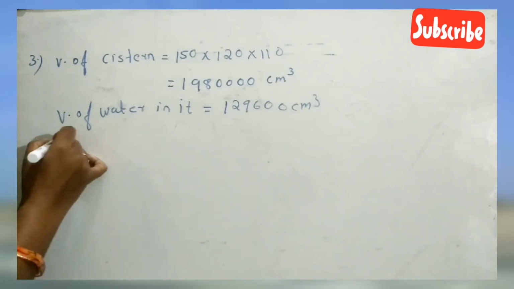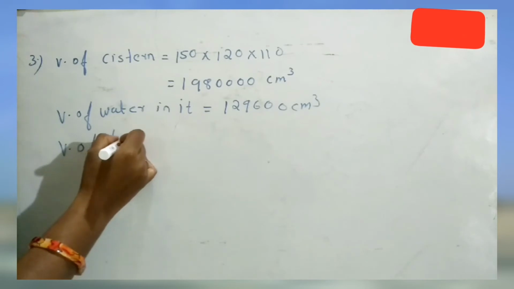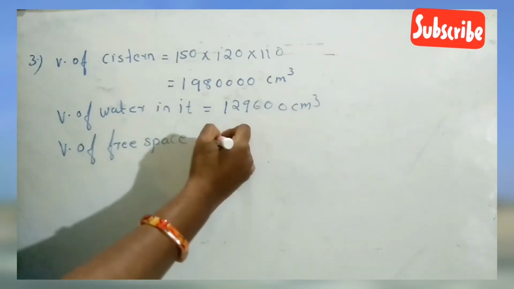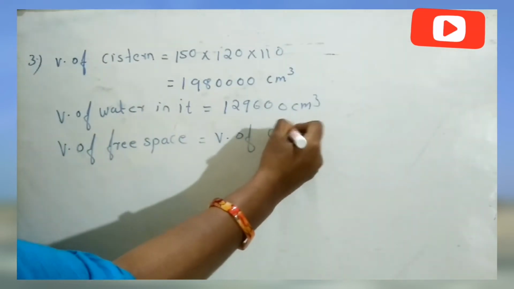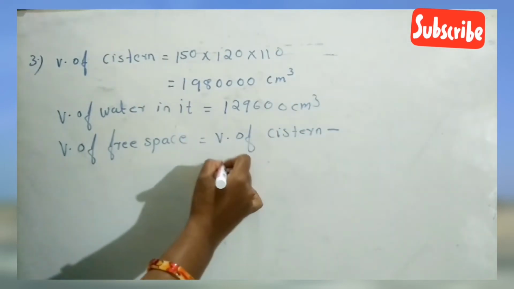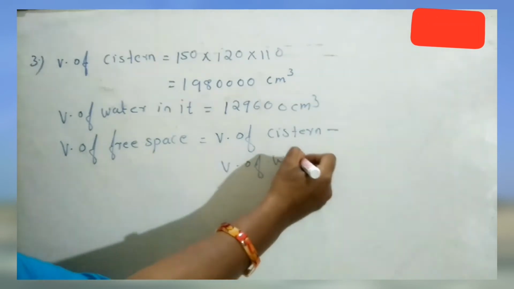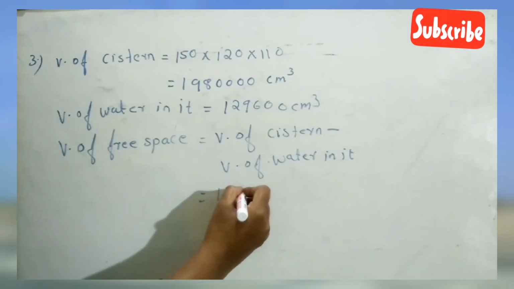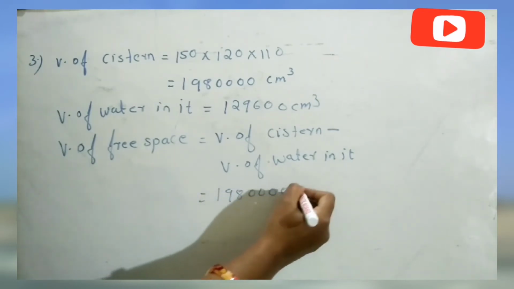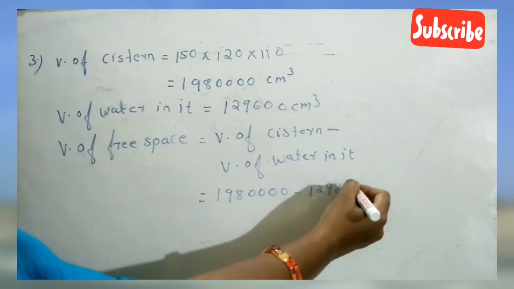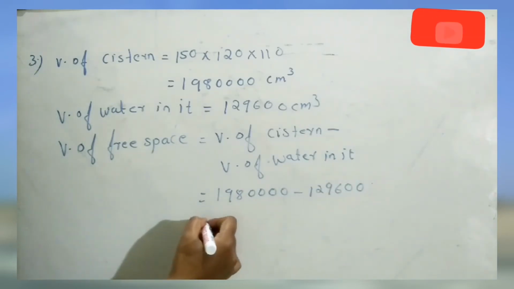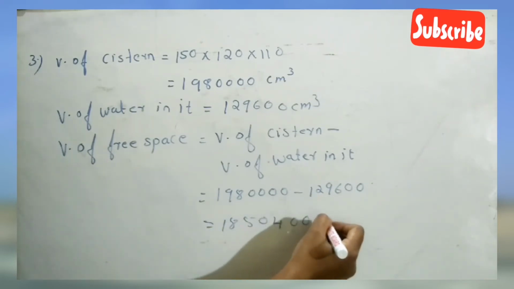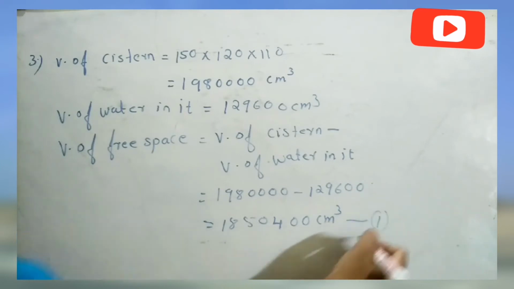So volume of free space is equal to volume of cistern minus volume of water in it, that is equal to 1980000 minus 129600, and this is equal to 1850400 centimeter cube. Put it as equation number 1.